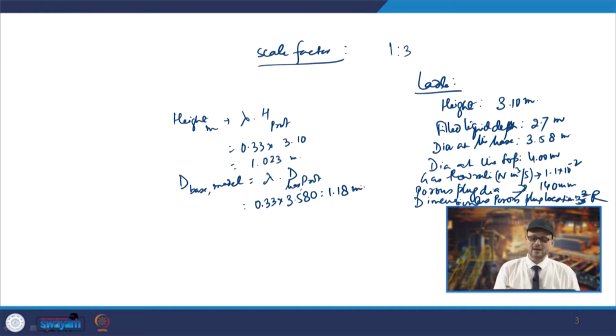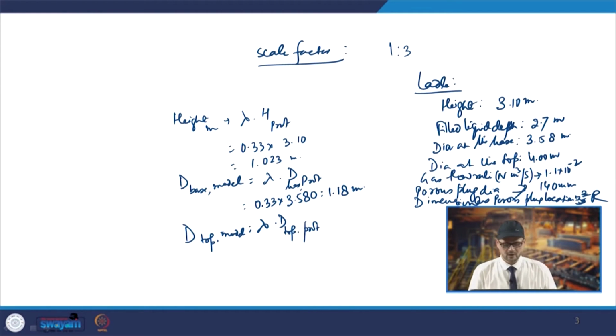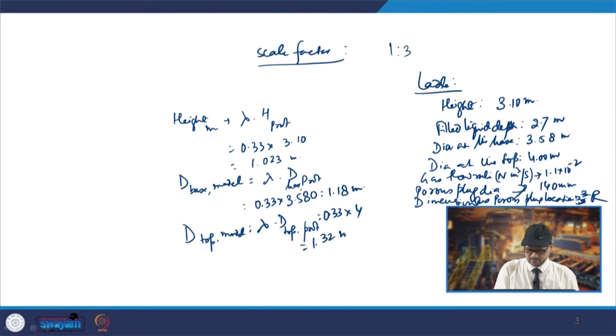Similarly, you calculate the other parameters, like the diameter at the top of the model. It will be lambda into the diameter at the top of the prototype, which is 4 meters, so 0.33 multiplied by 4 gives 1.32 meter.